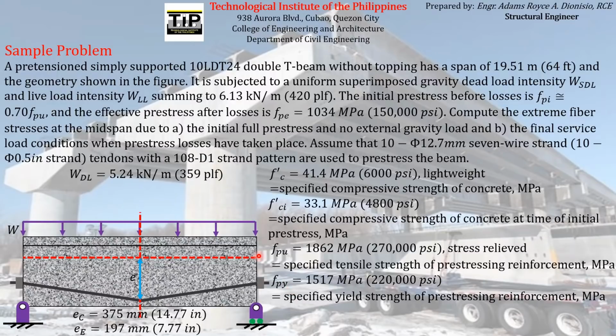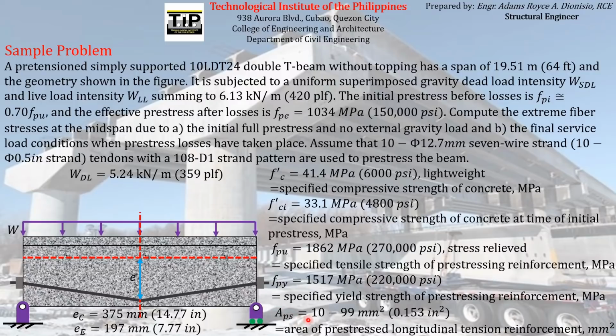The FPU is the highest stress that the pre-stressing reinforcement can resist, while the FPY is the stress that the pre-stressing reinforcement experiences before there will be a permanent strain or deformation. Actually, I suppose you are already familiar with those details because we already discussed those on the stress strain curves or diagrams of pre-stressing reinforcements.